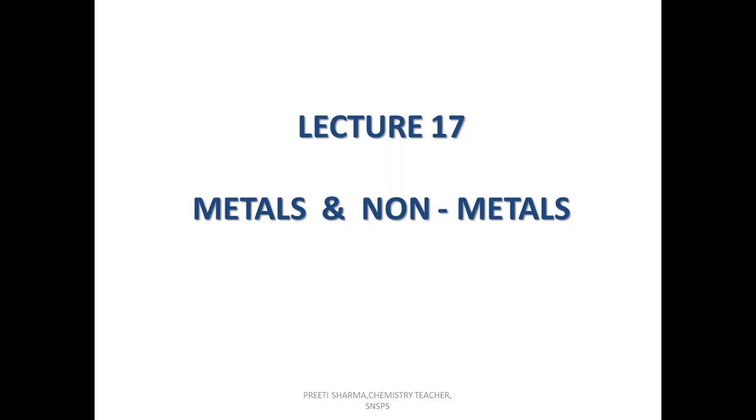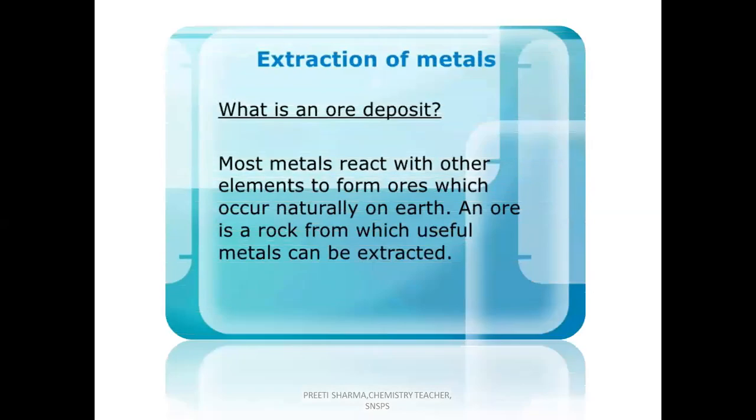Now the question arises, how do these metals exist, right? We have heard that Earth is a major source of metals, so temperature below the surface of Earth is very high. As a result, what happens? They are found in two forms. The first form is a native form, which is known as a free state form.